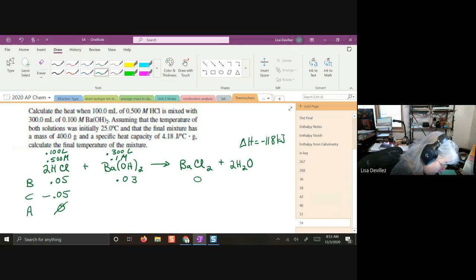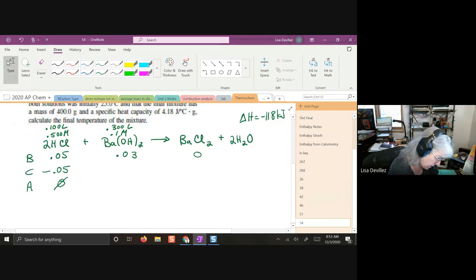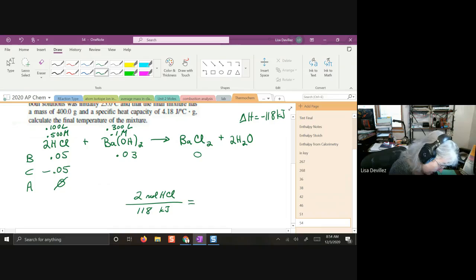Oh, it wants the final temperature. Okay, so I'm going to use this to get my Q. So 2 moles of HCl gives me 118 kilojoules, and I have 0.05 moles.